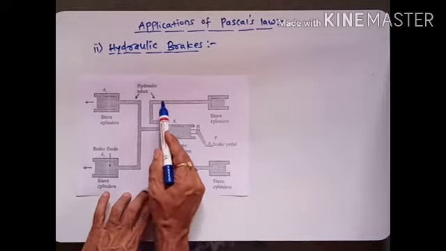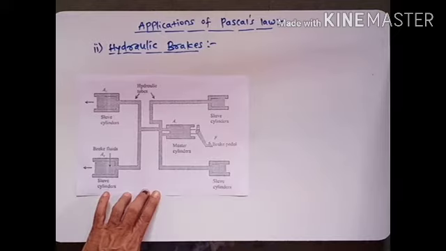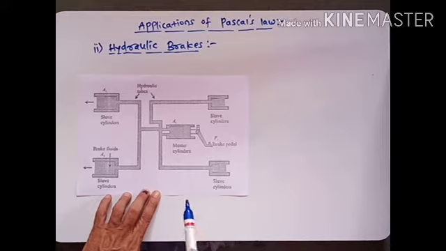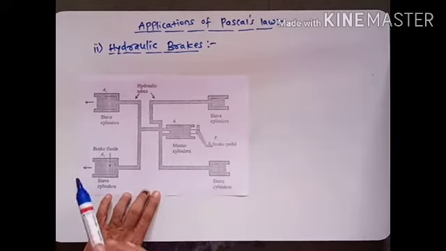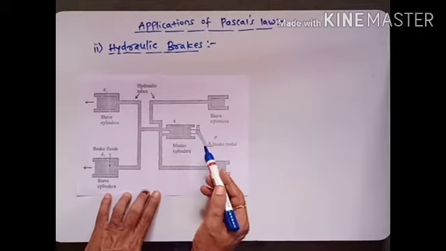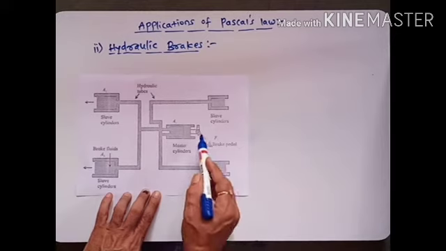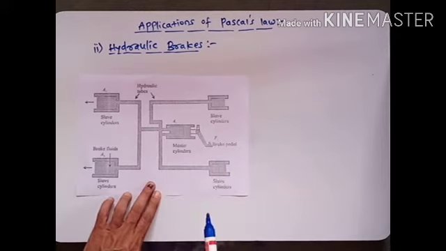These tubes are hydraulic tubes. This is the master cylinder, these 4 are slave cylinders. These are hydraulic tubes. This is hydraulic fluid, brake fluid. To this master cylinder, a brake pedal is fixed, and F1 is the force applied on the brake pedal.